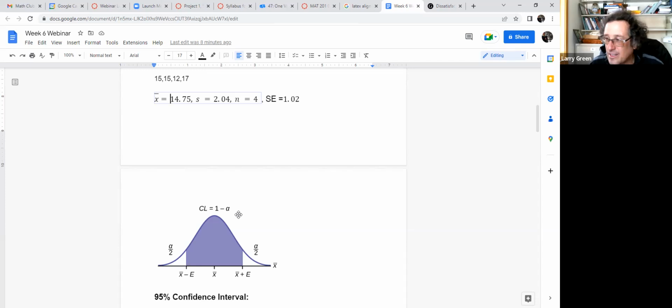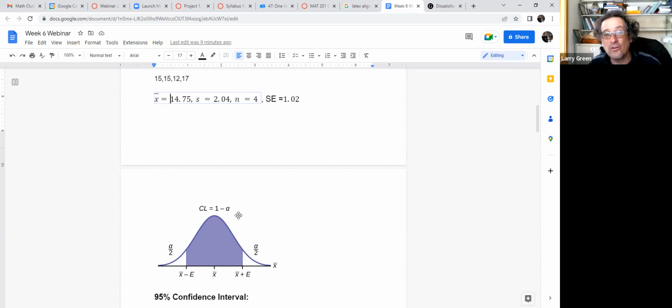So that's historically. And they decided that they wanted to make sure that when they published an article in their newspaper, that 95% of the time they're right. Okay, you can't be right all the time because you do a sample. With a sample you're never 100% sure that the sample is close to the population, but you can be 95% sure.